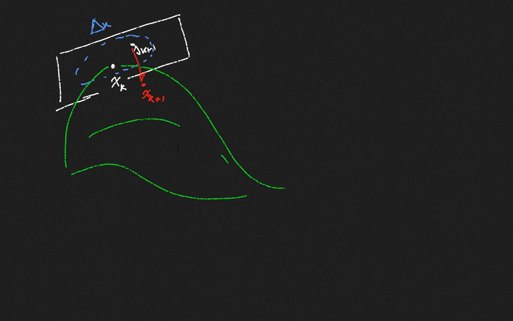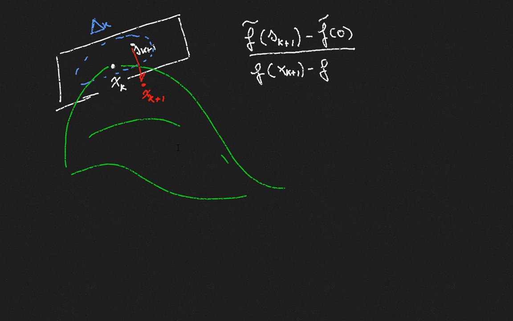So what do we do? We compare the gain we have in the approximated version with respect to the gain we have in the real version. So f tilde of sk plus 1 minus f tilde of 0, this is the gain in the approximated version, over the gain in the cost function.